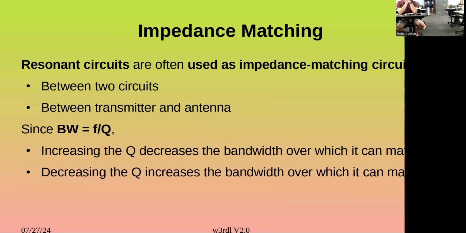If you had a Q of several thousand, it's going to be very, very narrow. So the Q of the components will affect what kind of bandwidth you can do the match over when you're doing a matching network. Obviously, when you have a lower Q circuit, you're going to have more loss too, so you're not going to get all the power through it either.